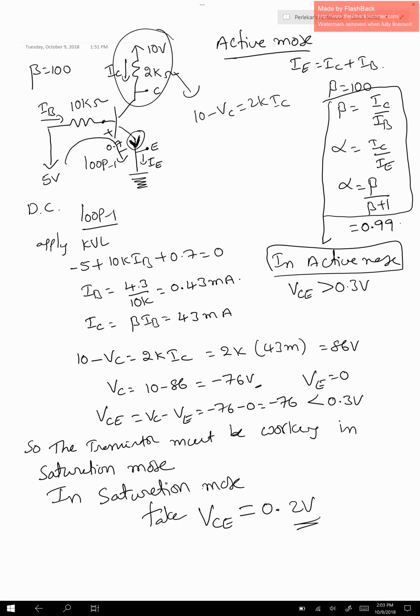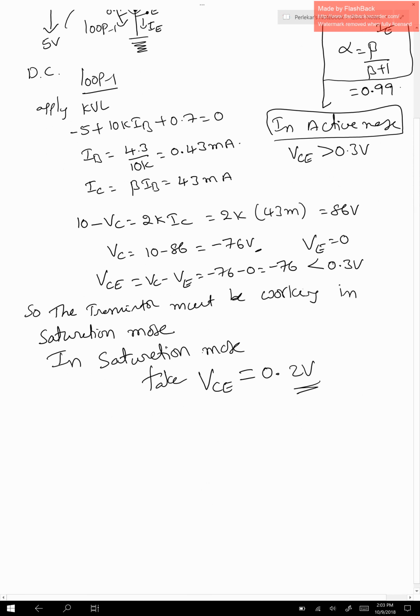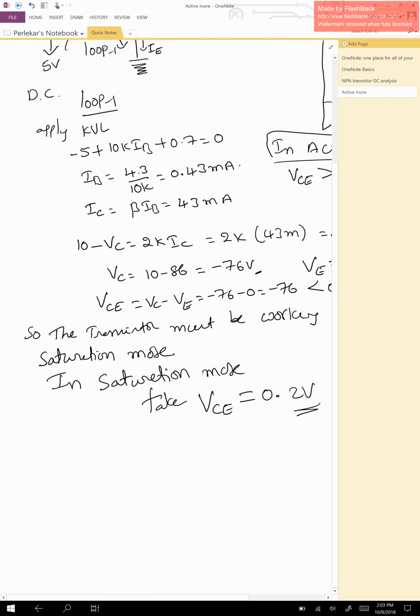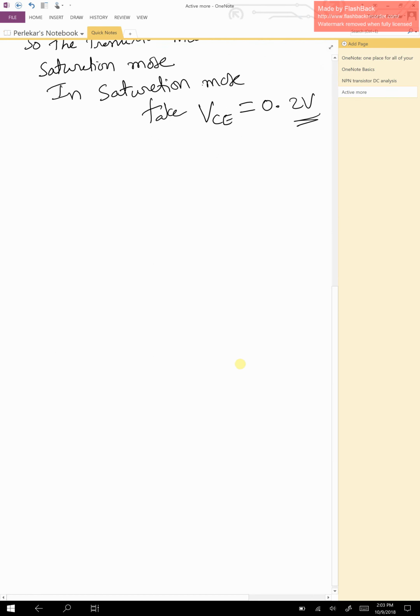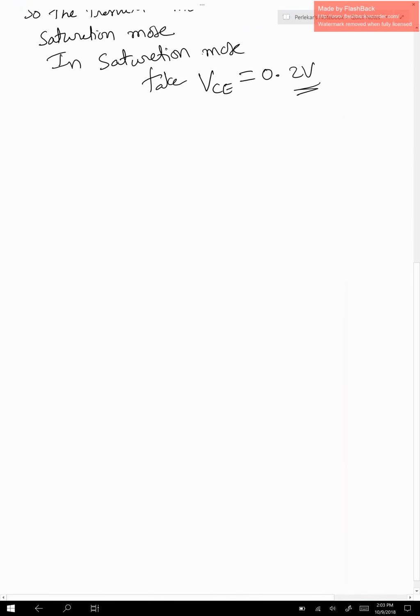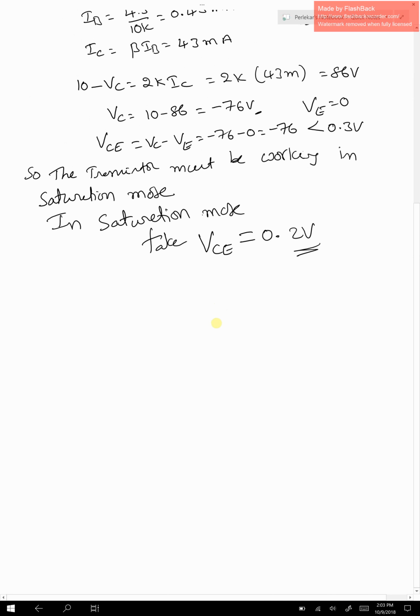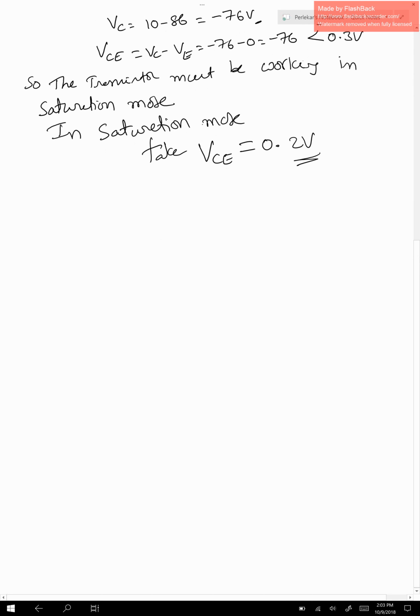So let me take one more page here. I think I have enough room here. Now in saturation mode, if you look at the transistor, we have 10 kilo ohm, 5 volts.